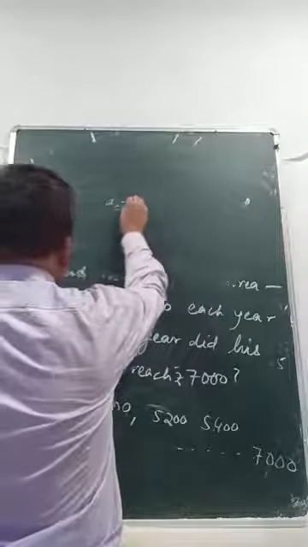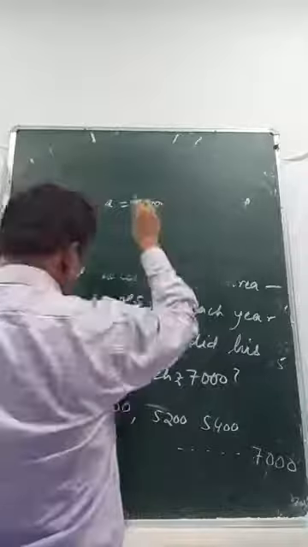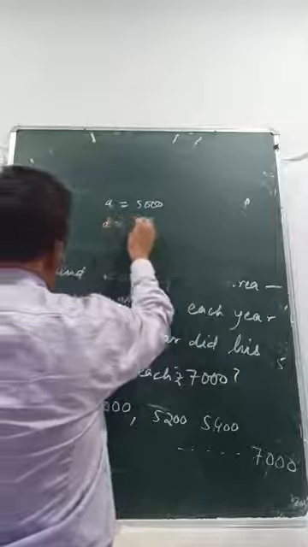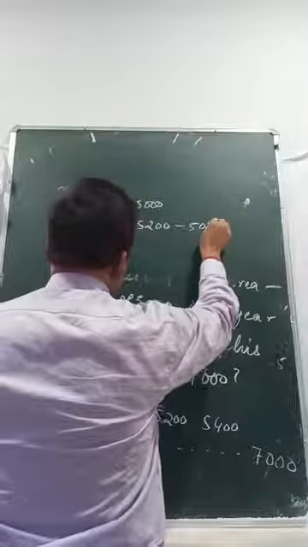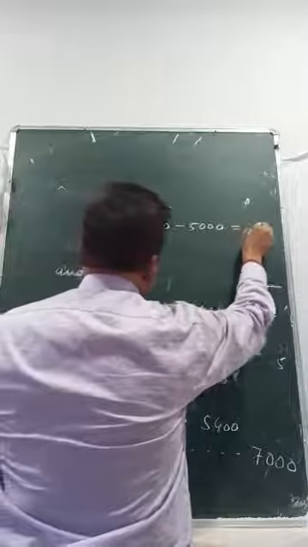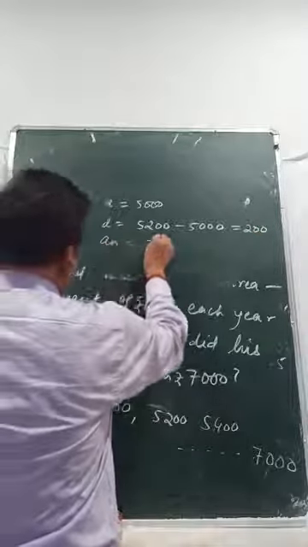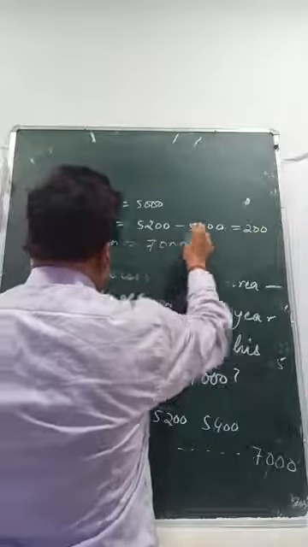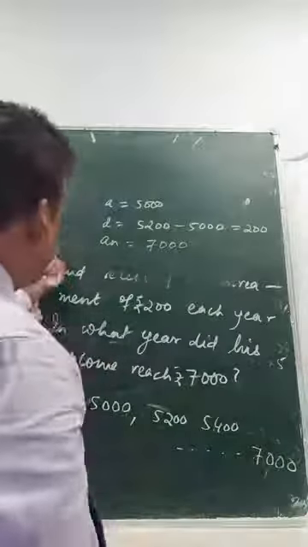A equals 5,000. D equals 5,200 minus 5,000, that is 200. An equals 7,000. So what will you do?